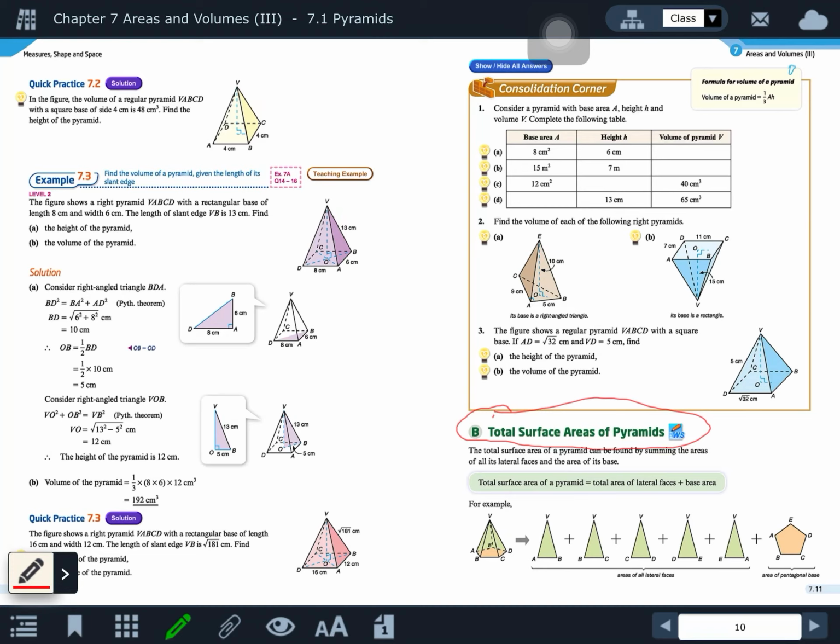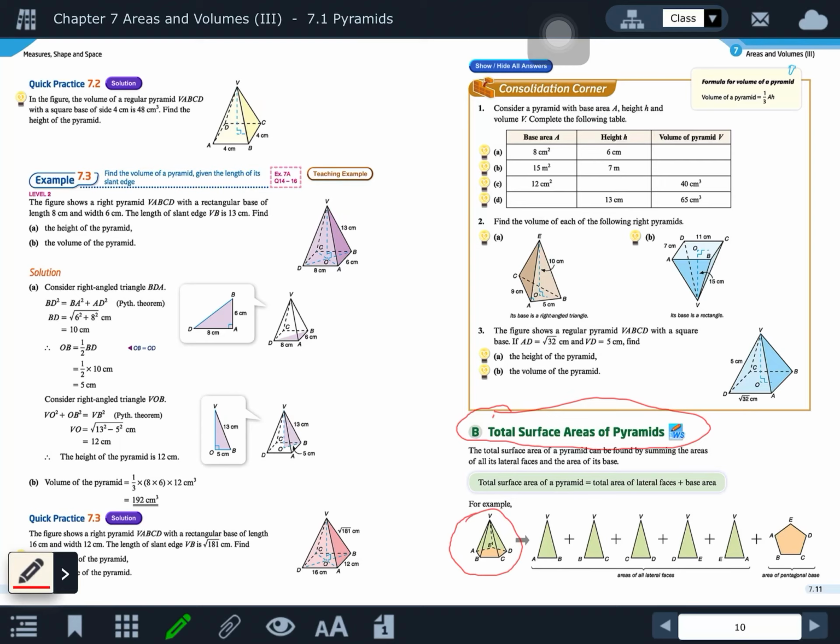The previous video we talked about the volume of the pyramid. Now for the total surface area of a pyramid, it just depends on how many faces it has. So it depends on what the base of this pyramid is. You can see in this example, this is a pentagonal base.